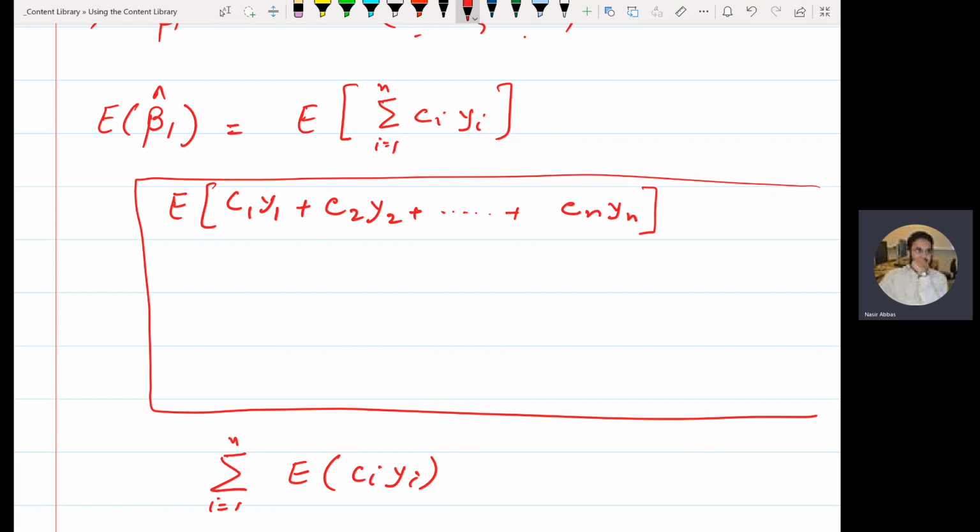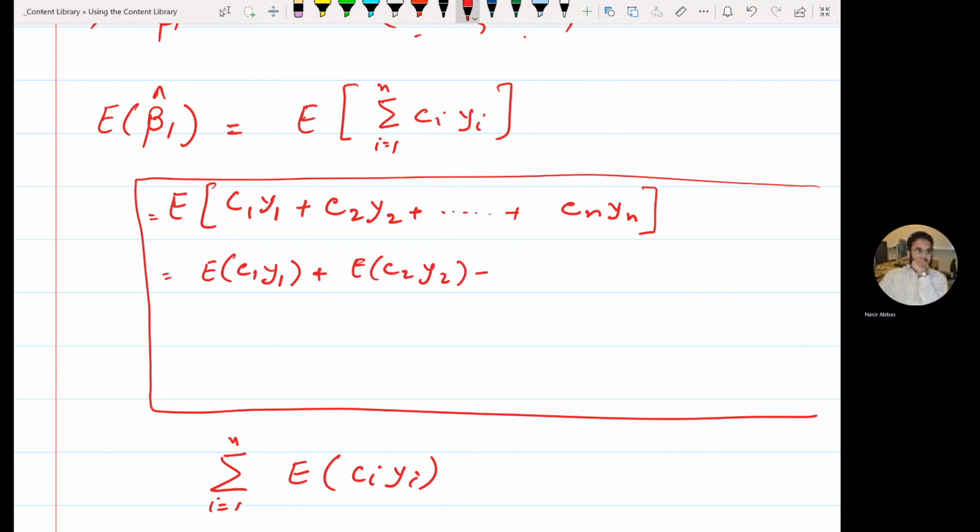What is the mean of x plus y? Mean of x plus mean of y. So I'll apply the mean throughout all the terms. This will be mean of C1y1 plus mean of C2y2 plus all the way up to mean of Cnyn.